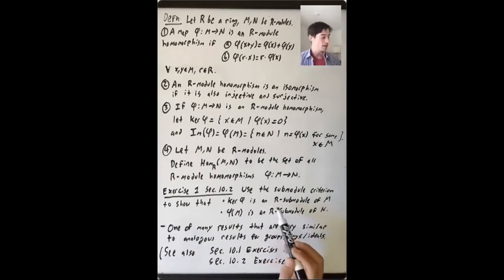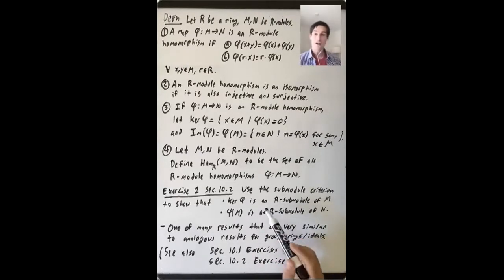But you also need that this subset is closed under the action of ring elements. So this is really common here. Some of these statements look just like statements we've proved for groups, rings, ideals.